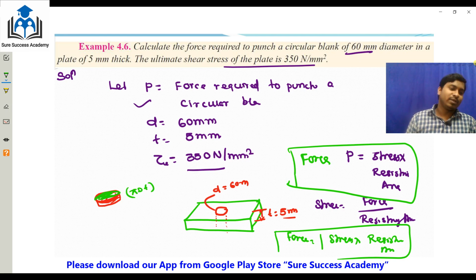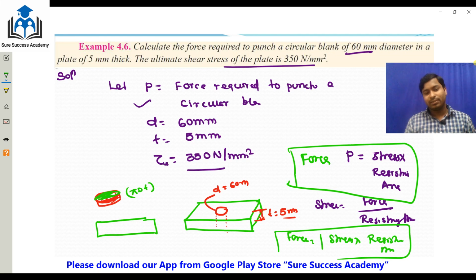If you unroll the circular diameter into a length, what will come? The perimeter, pi d, and the thickness. It will come like a rectangle. So this is pi d into t. So the resisting area is pi d into t.